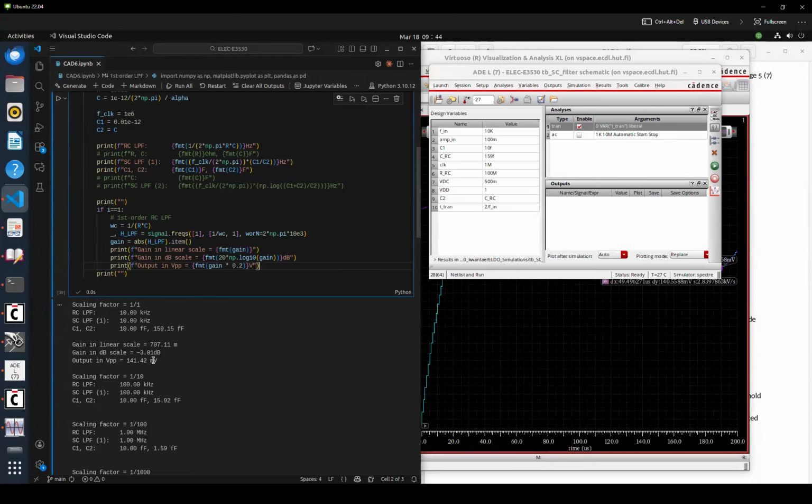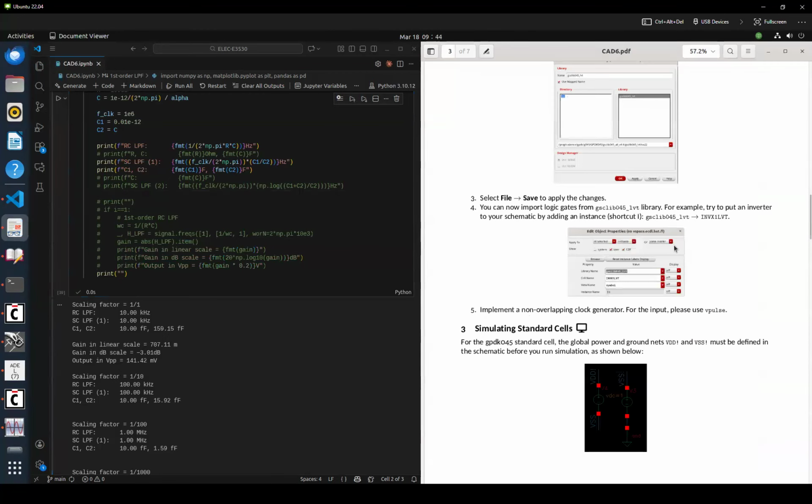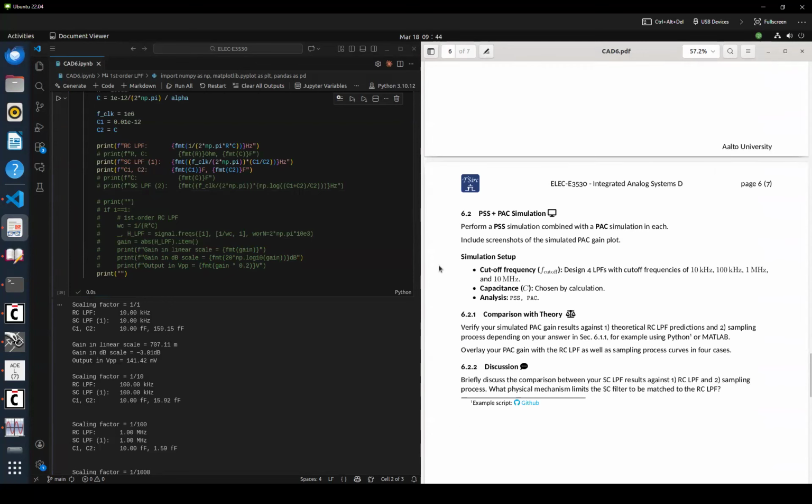So the output is expected as 141 millivolt. Okay, so let me comment out this part. And yeah, let's move on to the next section.